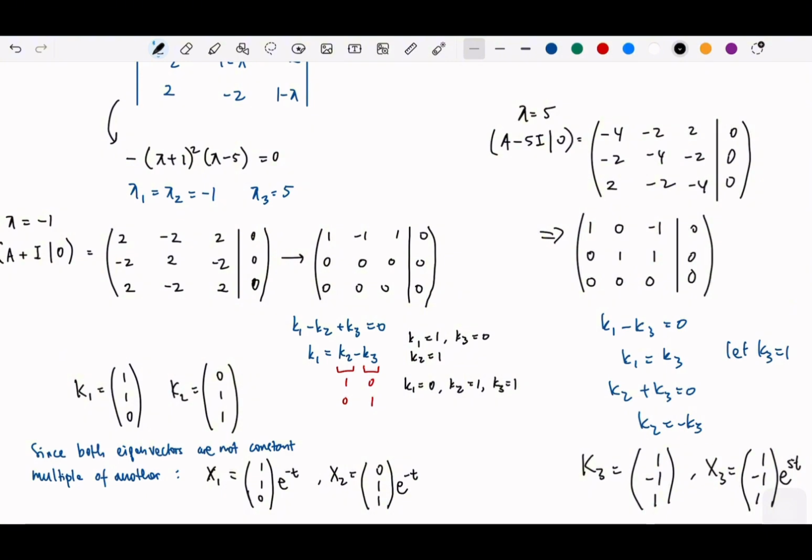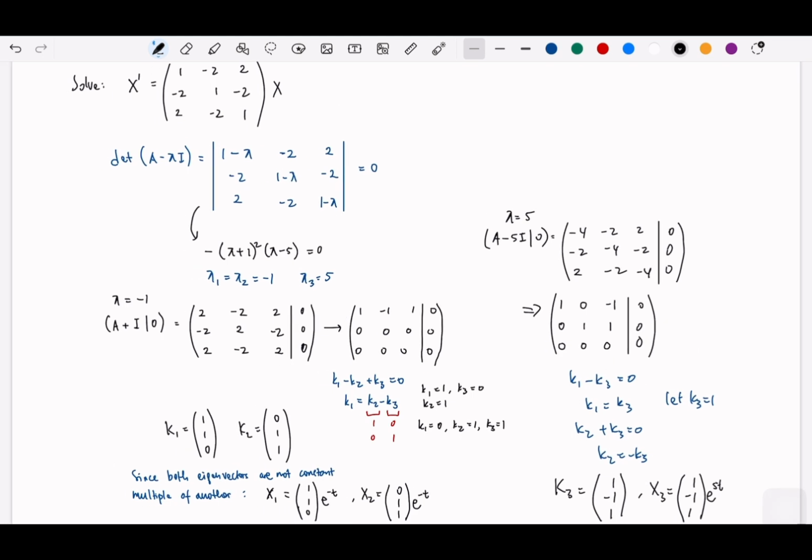And this is, I think, one of the unique equations in matrix form. If you write the whole solution, the general solution, okay, so that's the general solution.